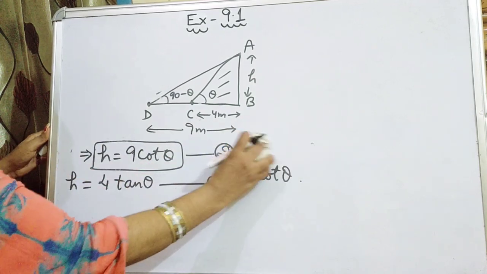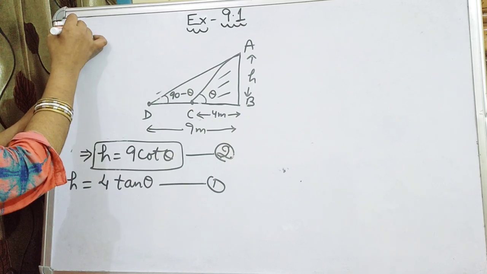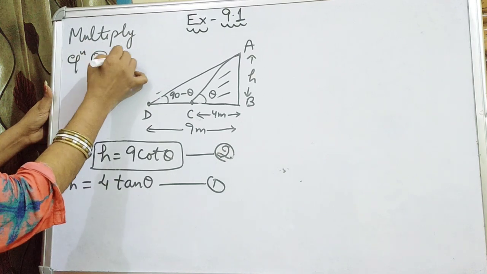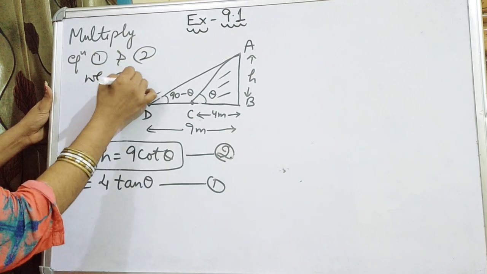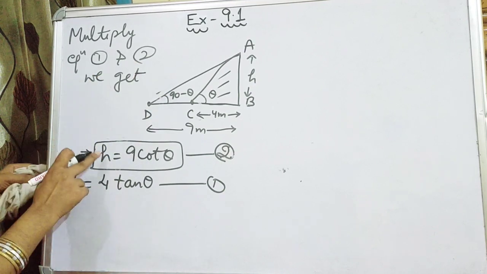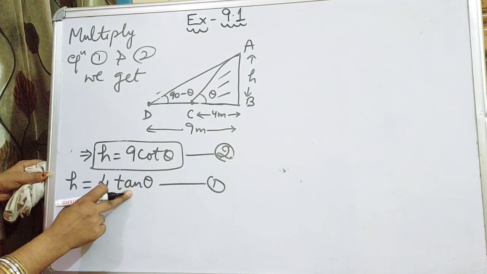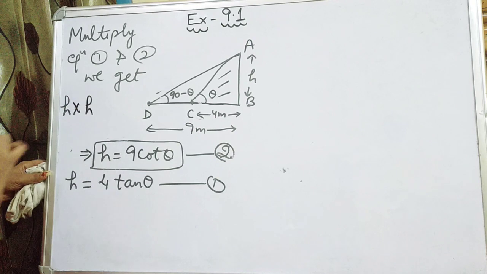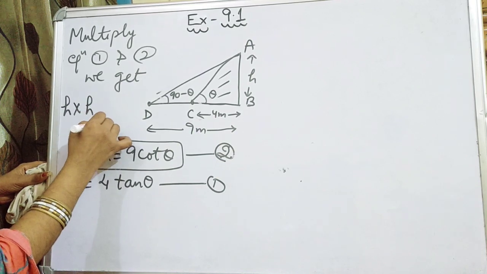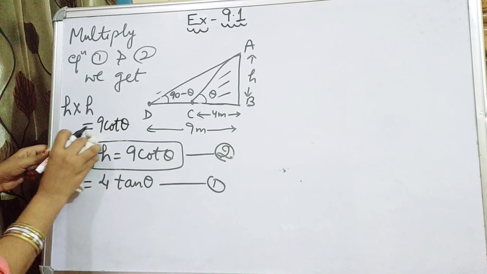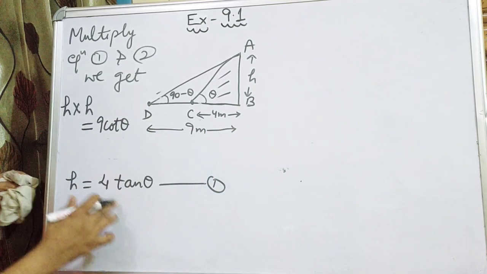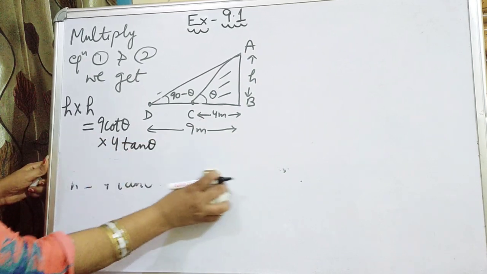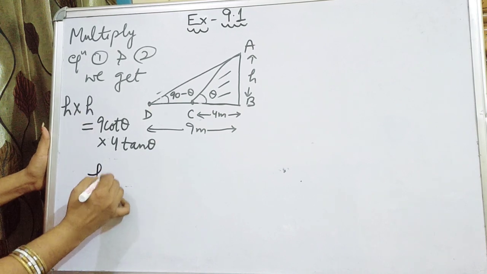When I multiply these two equations, what do I get? h into h equals 9 cot theta multiplied by 4 tan theta.